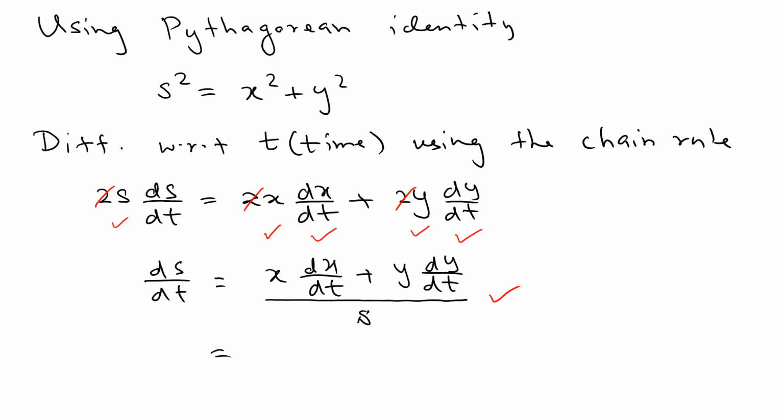So x, which is 180 miles, and then dx over dt, which is 120 miles per hour, plus y, which is 240 miles. And be careful, because we take y as the distance, so it is positive if we write it like that.